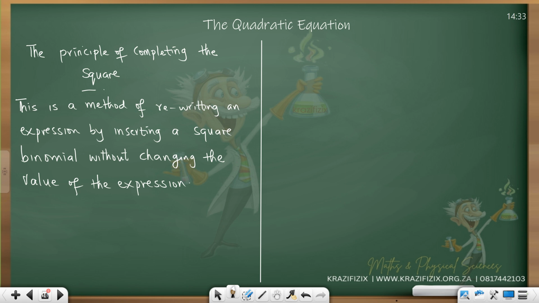I'm going to quickly explain what I mean. So let's write. This is a method of rewriting an expression by inserting a square binomial. Then I'll give you the methods.